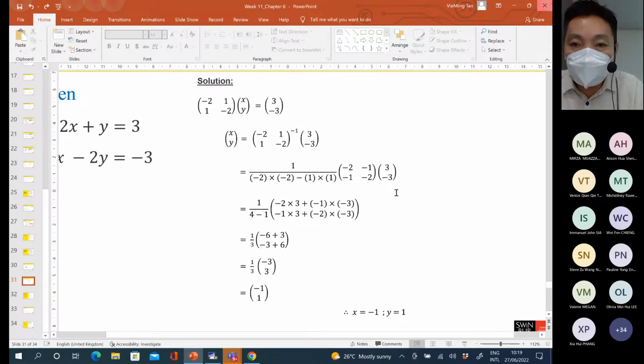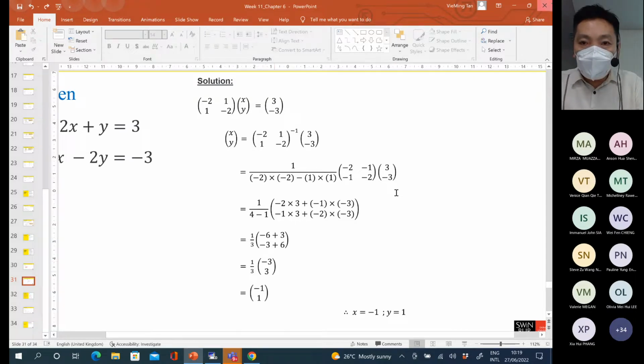Okay, so how to get negative 3 here? Negative 3 because this value is at the location of row number 1, column number 1. So that means we need to use this row, first row, multiply with the first column of the second matrix. Okay, -2 multiplied 3 plus -1 multiplied with -3. So you'll get -3 for this element, right?